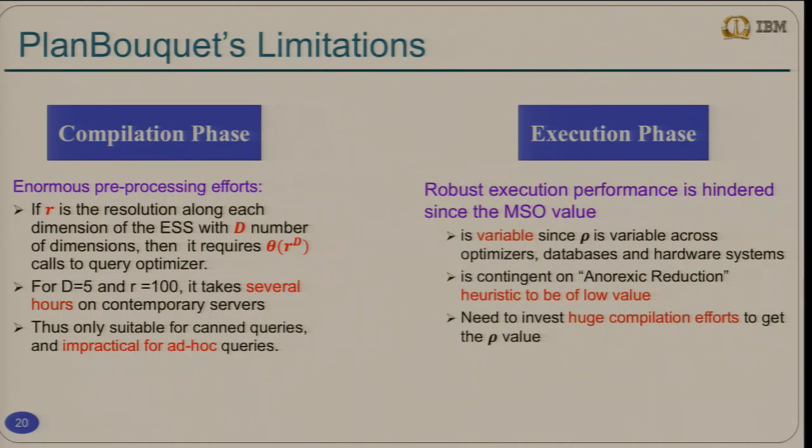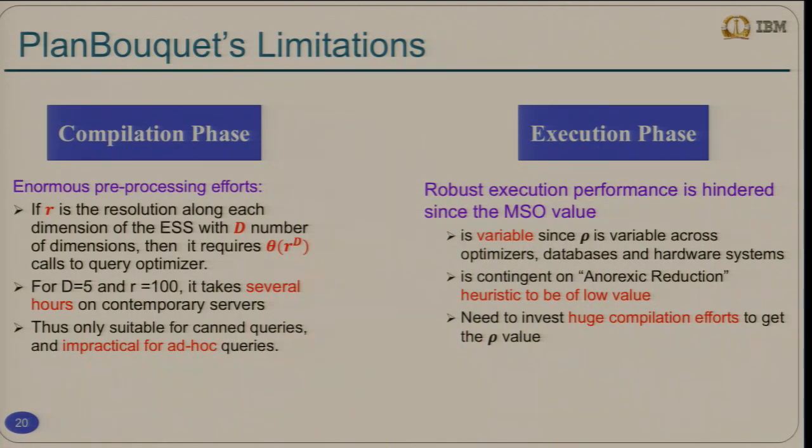The other problem is this rho, which is the number of plans on the cost contour. That is not a function of the query, but a function of the engine that you are using. If you go from one engine to another engine, this rho can easily change, because the engines work very, very differently.